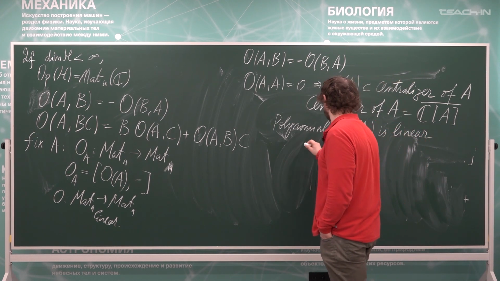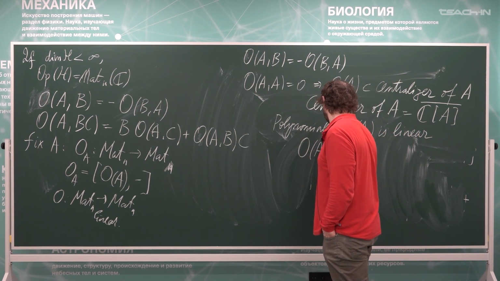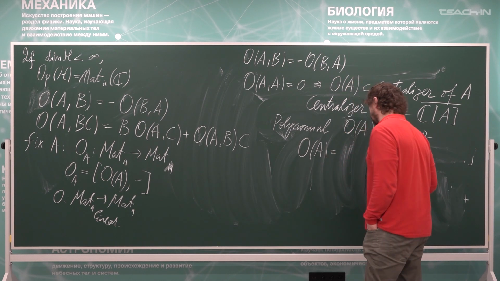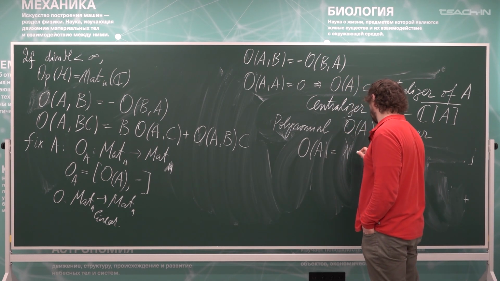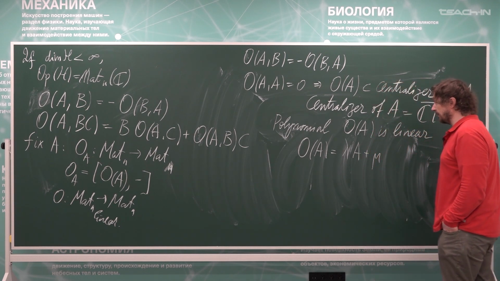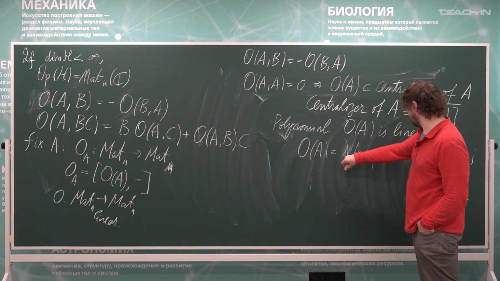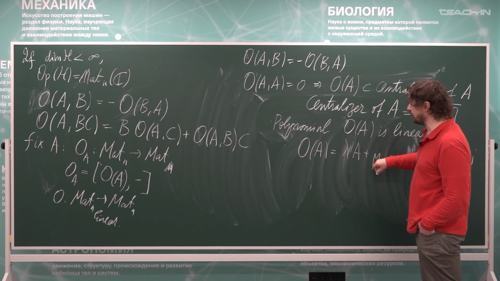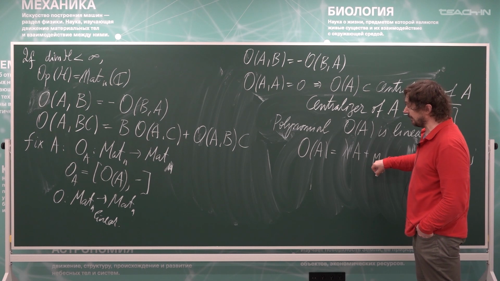And hence, O of A should be equal to lambda times A plus mu, where lambda and mu are certain constants. On the other hand, mu commutes with everything, so we can actually forget about it.